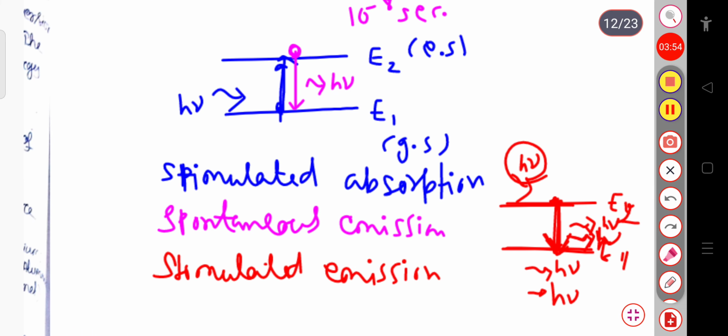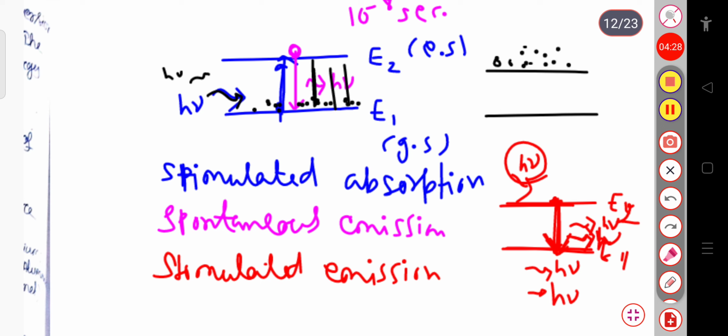Here I am considering a single atom, but if a large number of atoms are present in the ground state, we have to supply more energy so that the atoms present in the ground state go to the higher state.